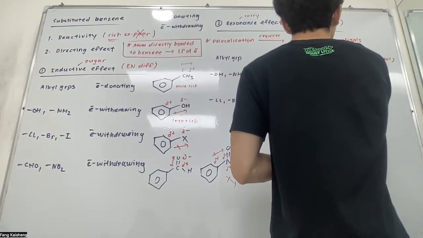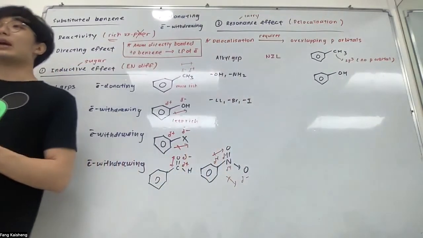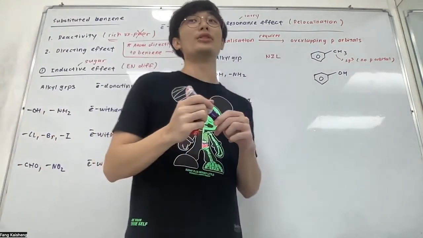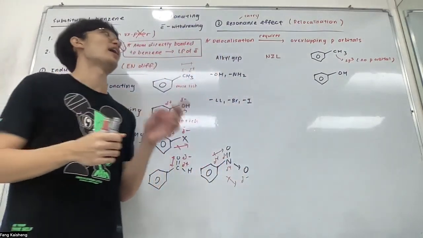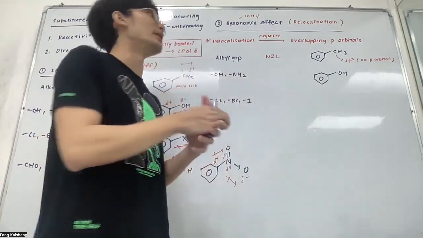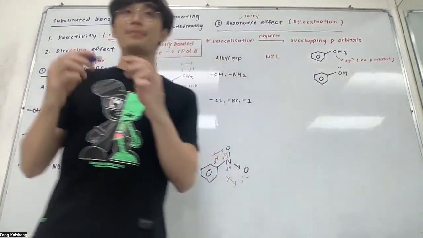This second group is important. Look at the next one. We're going to take OH and bond it onto benzene. First of all, does the oxygen have a lone pair? Yes, there are 2, but let's look at one only. Does the oxygen have a p orbital?